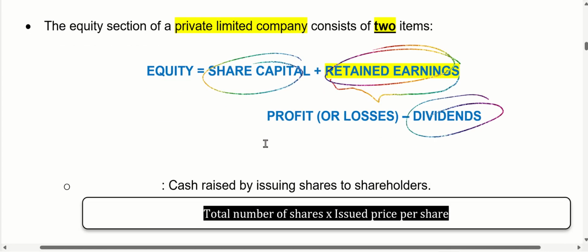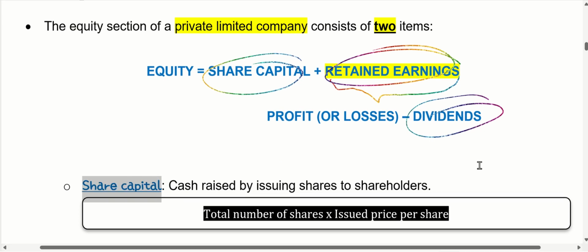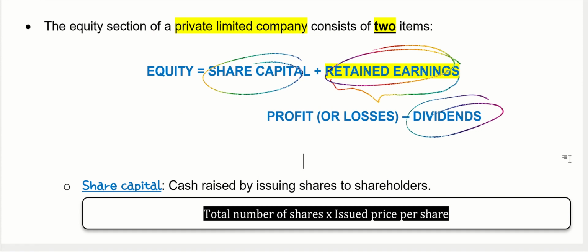The first one we start off with is share capital. Share capital is basically cash raised by issuing shares to shareholders. So basically your business needs money and you tell your shareholders, I need money. I'm going to sell you shares and you are going to give me cash, right?